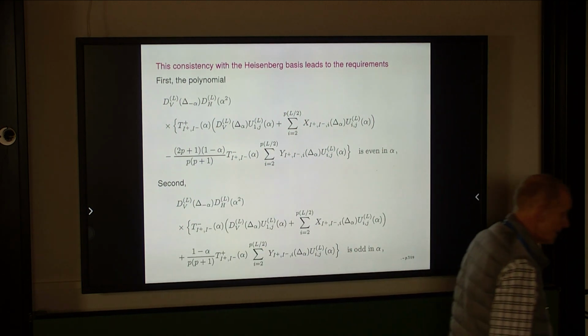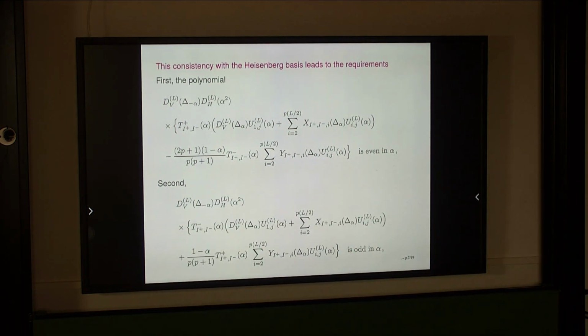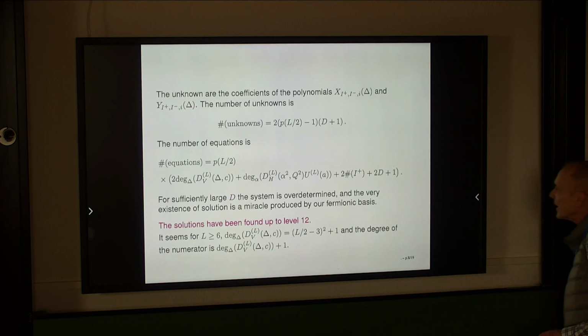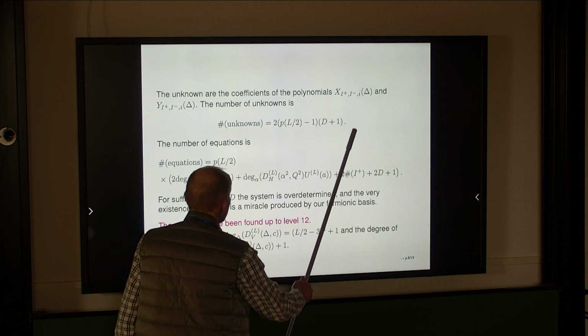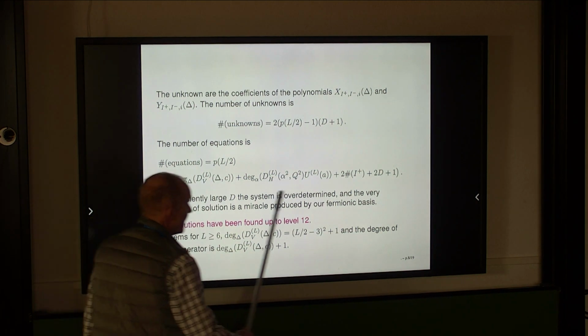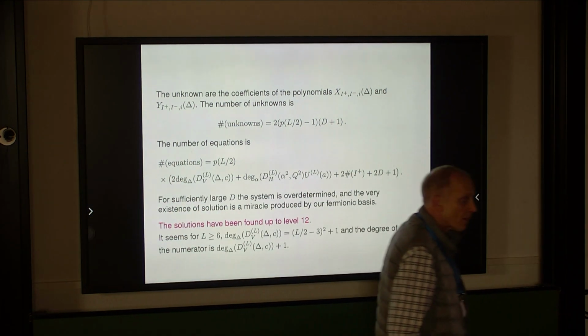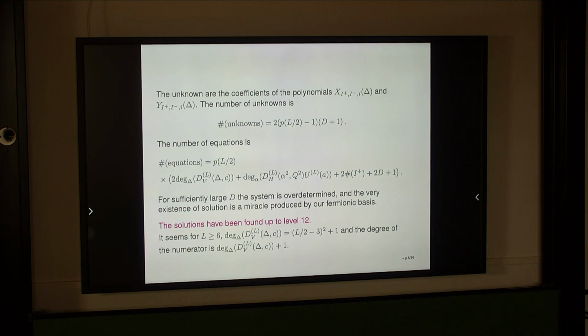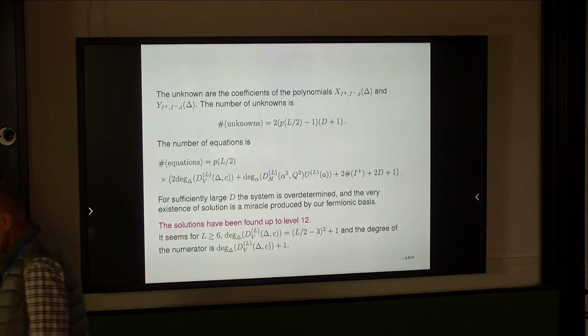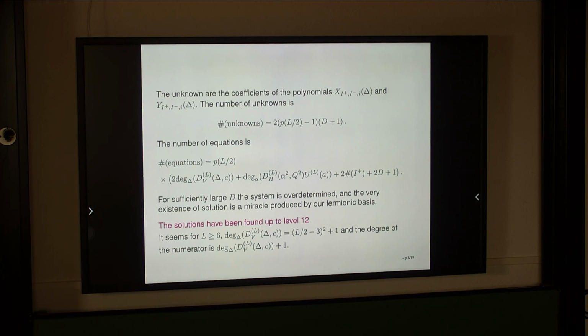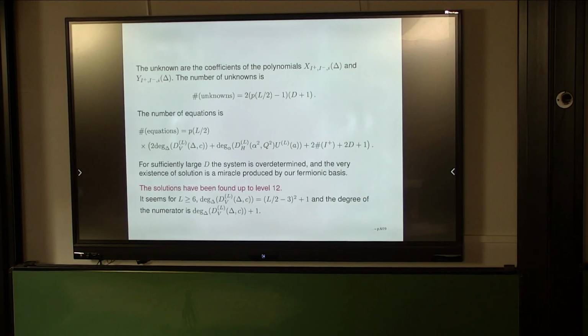So, and if you count the number of equations which you get this way, the number of unknowns is like that, but the number of equations is much, much higher. And so the fact that these equations allow solutions is a miracle which is produced by our fermionic basis.